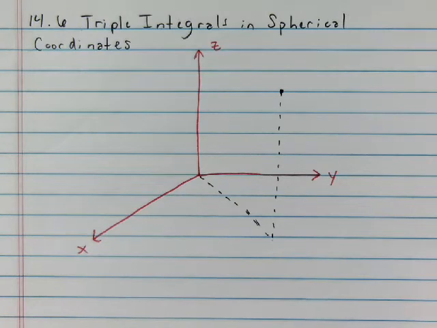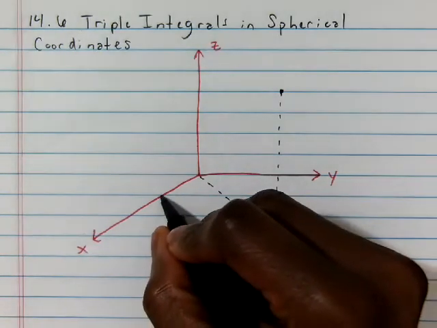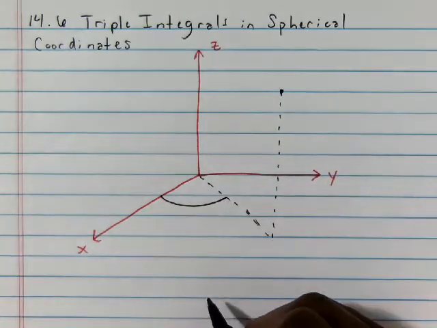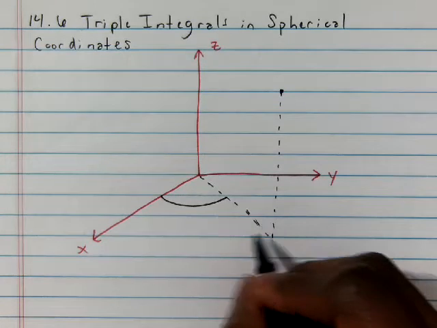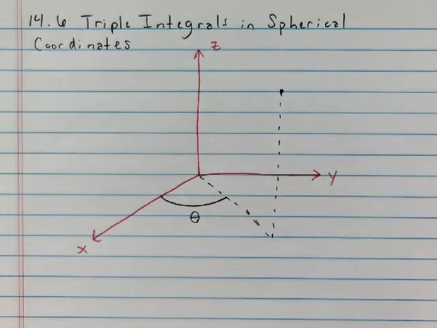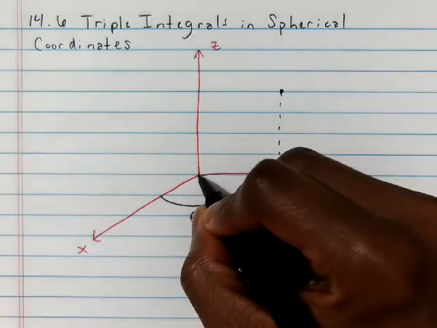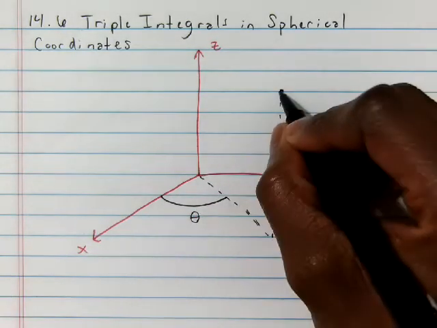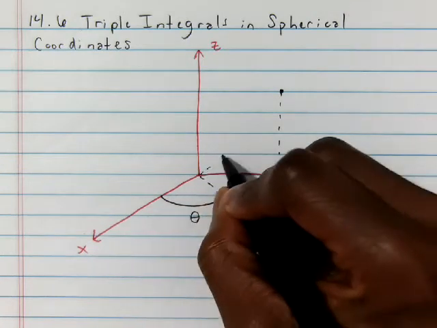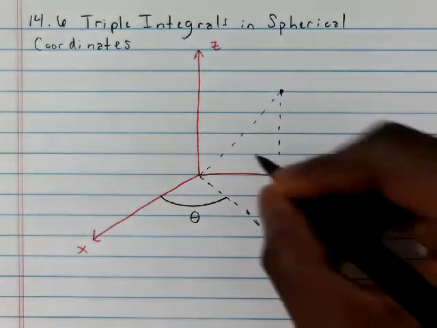The three things that we're going to consider here are, first, this angle theta that's in the xy plane coming from the positive x-axis going out to that dotted line right there. We're also going to consider the distance from the origin out to that point right there, and we're going to call that distance rho.